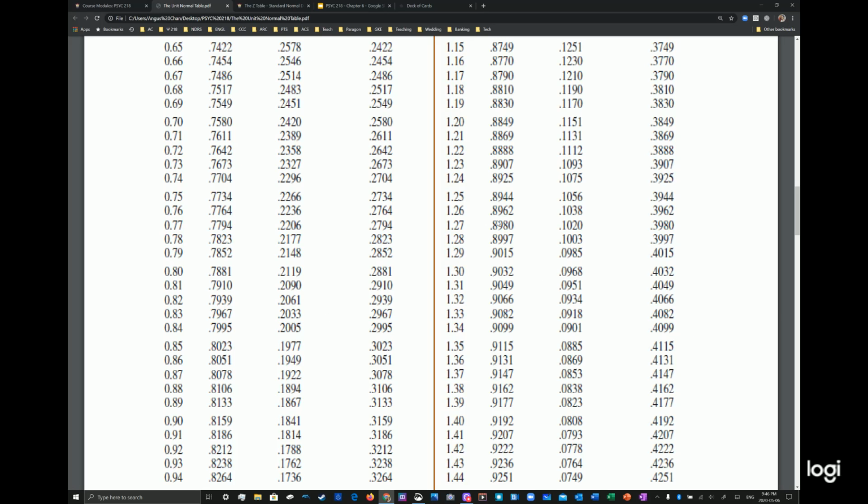And the table here gives us only, okay, Z at 1.29 gives us 0.9015, and then here, Z at 1.28 gives us 0.8997. That's really close.